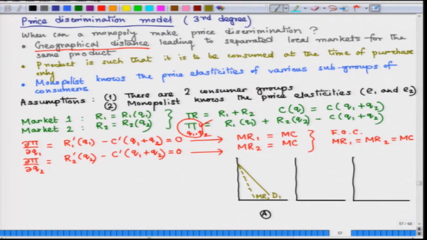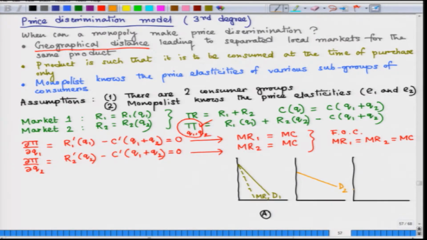So, now let us look at market 2. Here I assume that the demand function has a different intercept and a different slope. So, let me have it somewhere here. The demand function in this case has a lower intercept on the price axis and it has a lower slope, so the demand function is more flat.